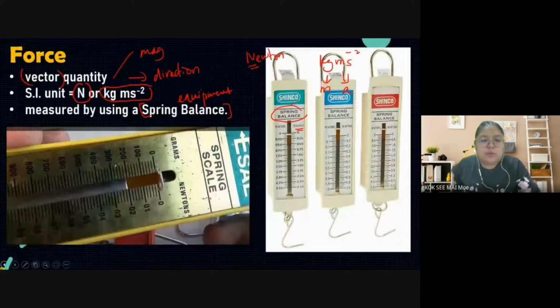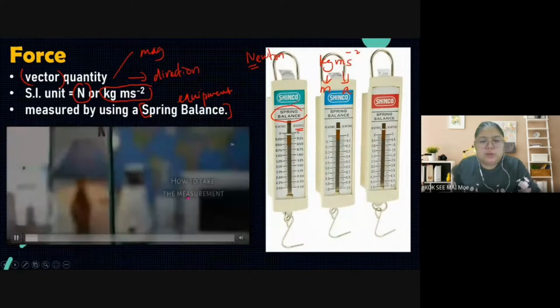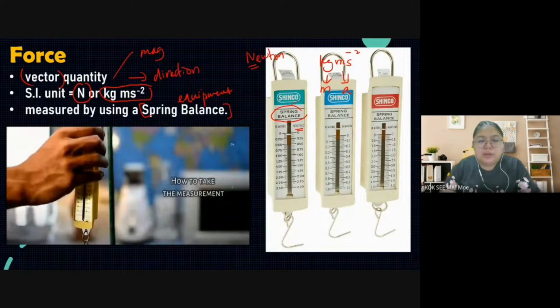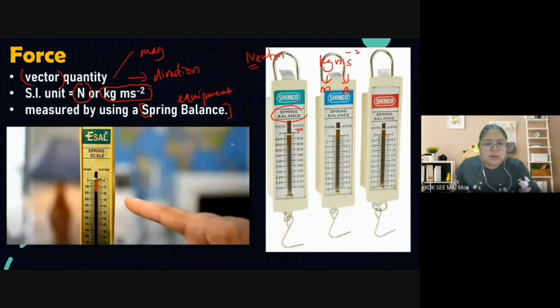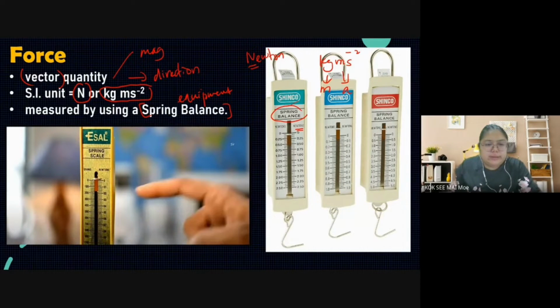Okay, now we're going to show one example of how to take the measurement by using the spring balance. They start from here.